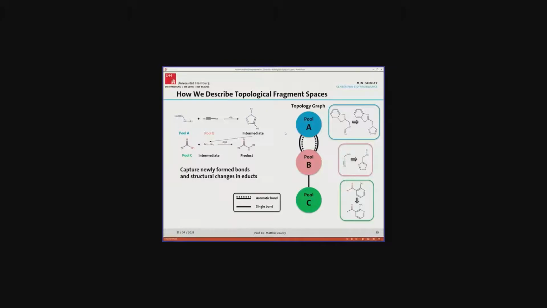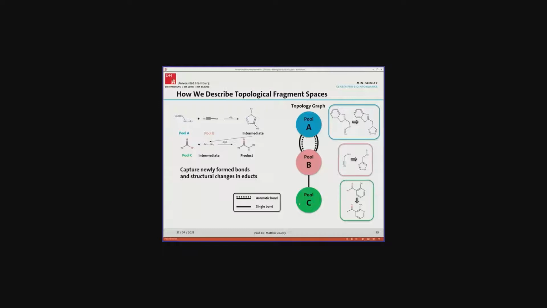So for the search by fingerprints, we use a different technology than with the old feature tree approach. We work with so-called topology graphs, which are shown here. For each of the individual reactions, we create these graphs which actually show which kind of molecular structures exist after the reaction took place.